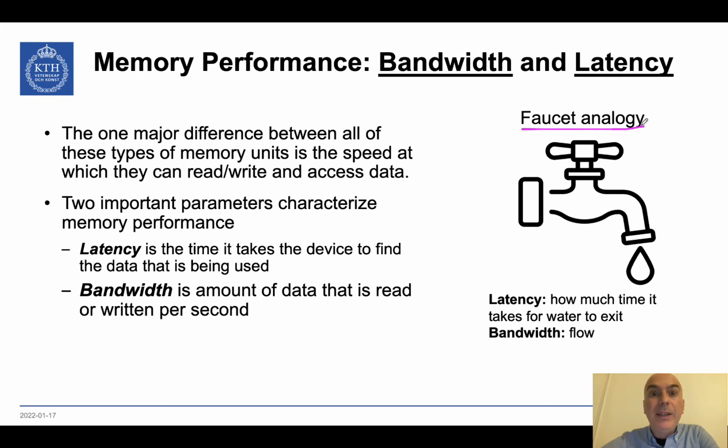The latency can be related in this analogy to the time it takes for the water to get out. It's a kind of response time. Whenever we turn and open the faucet, there is some time it takes from when we turn it on for the water to come out, right? So this response time is the latency.